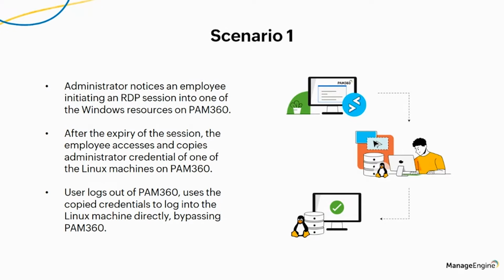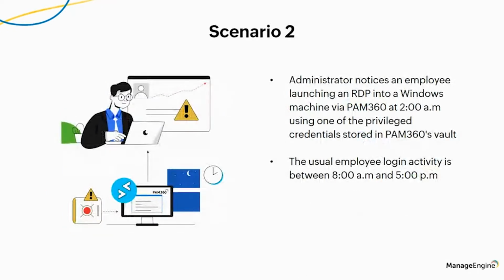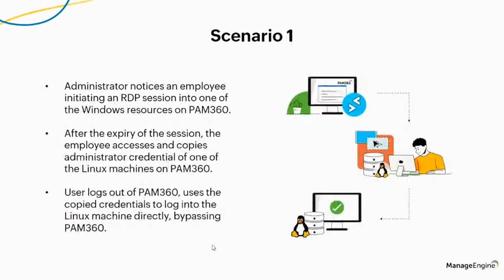Now, in this scenario, PAM knows that the user logged into that box and retrieved or connected to the Windows machine. And PAM also knows that the user has already checked out the Linux password. But beyond that, this user bypassing PAM and connecting to that machine directly and doing whatever activity they would like to perform, this entire story is invisible to PAM because it's not happening in PAM.